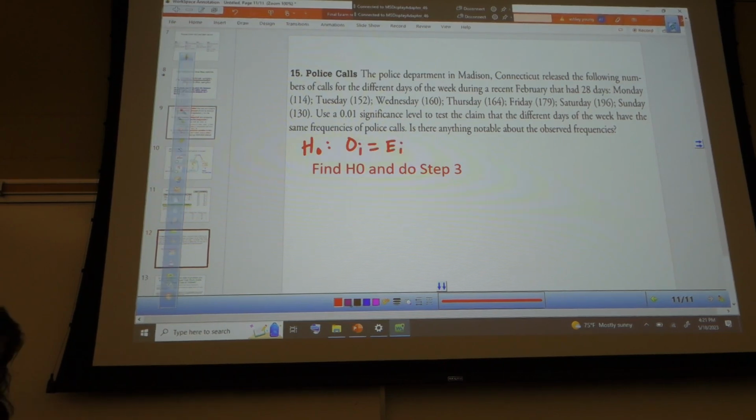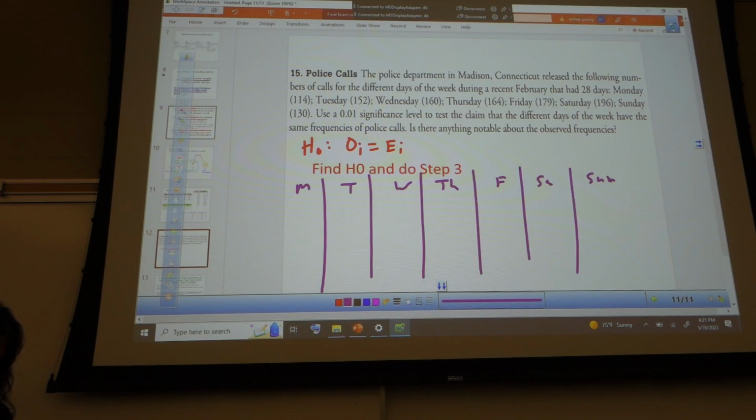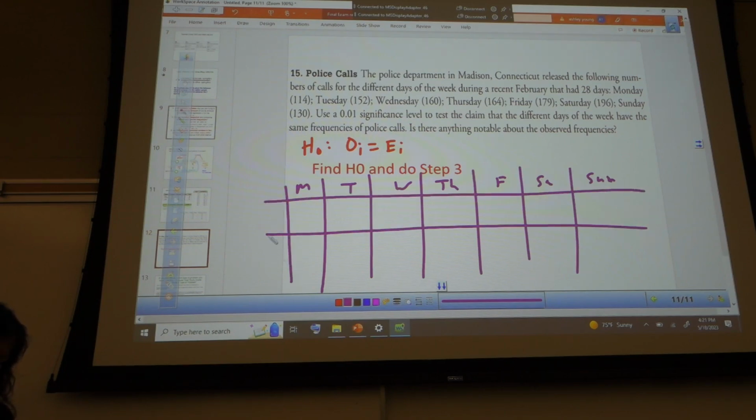And then I'm going to make my little list here. I've got Monday, Tuesday, Wednesday, Thursday, Friday, Saturday, and Sunday. And I've got observed values and expected values.